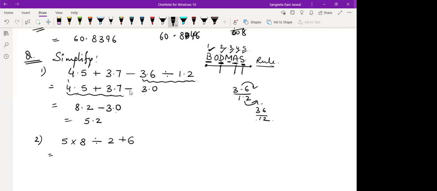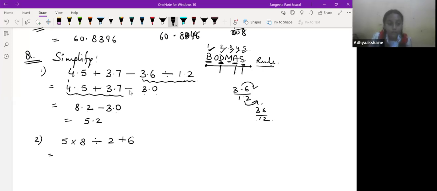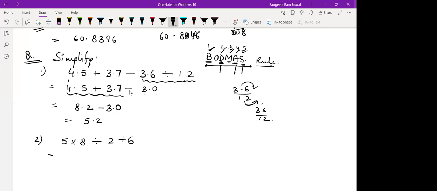What is 8 divided by 2, Adya? Ma'am, 4. So I'll write here 4 like this. Now what is the second step? What will I do next?